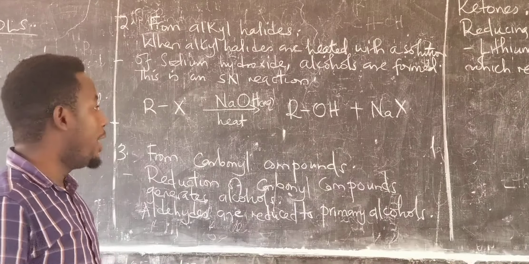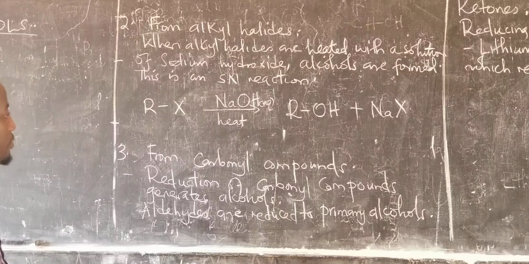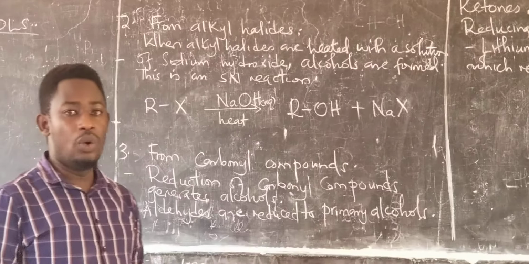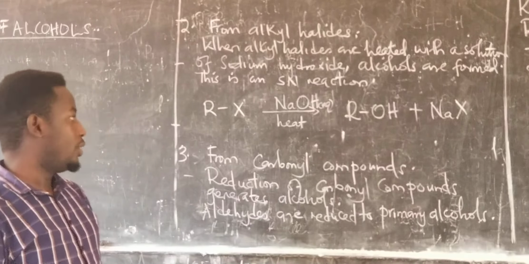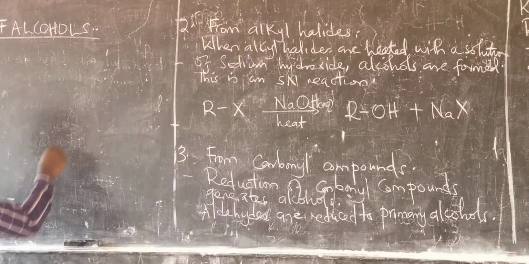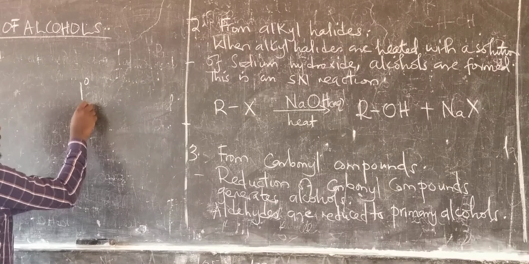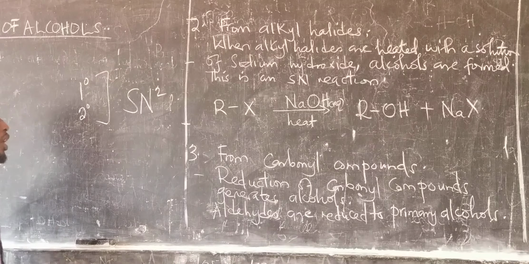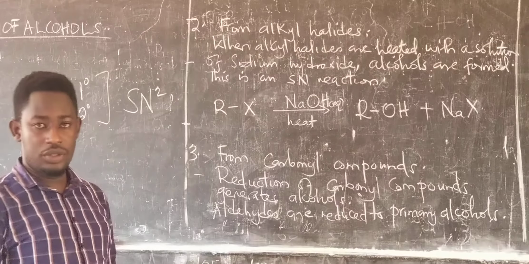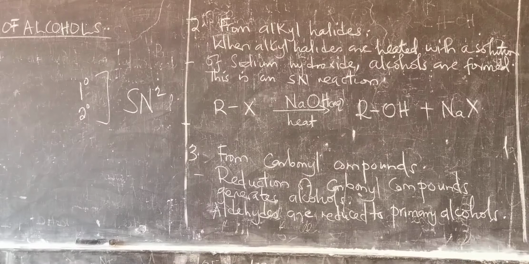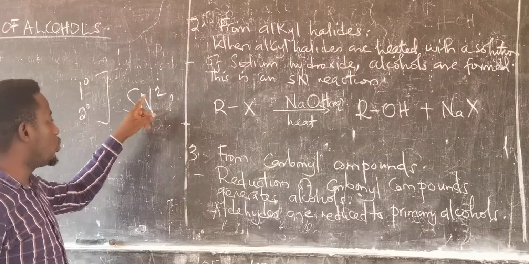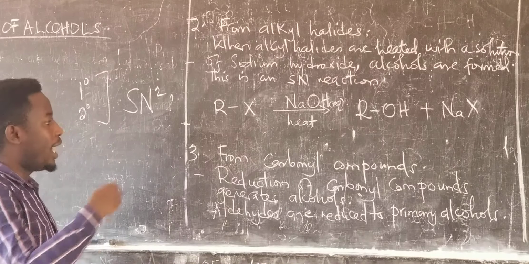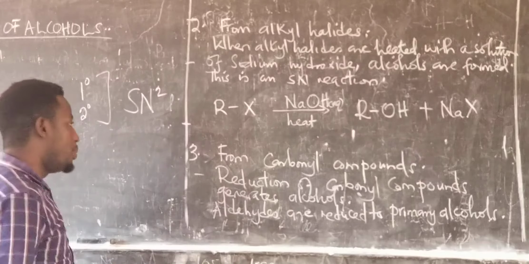And remember what we said, that they can be classified into unimolecular or bimolecular, depending on the class of the alkyl halide. We say if the alkyl halide is primary or secondary, these two undergo nucleophilic substitution bimolecular reactions, where the activated complex has two species, one attacking and the other one breaking away.